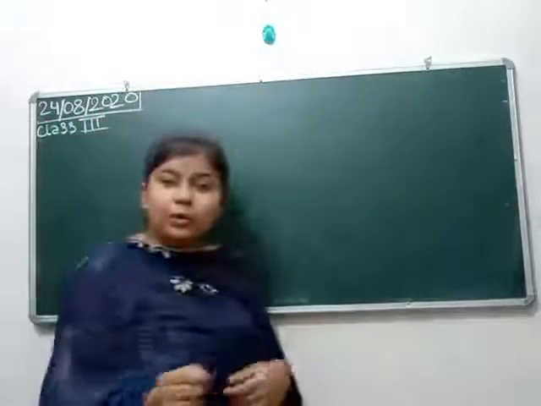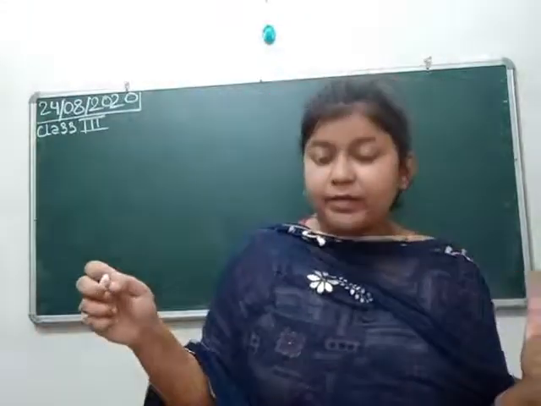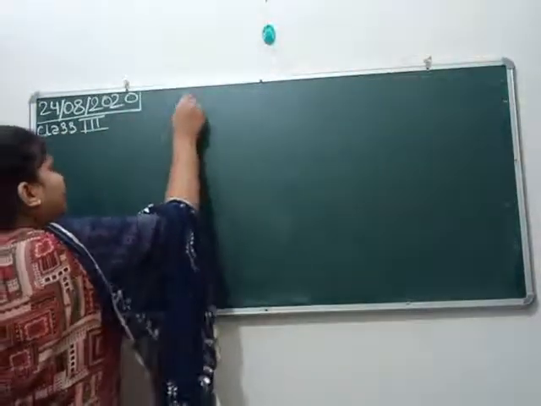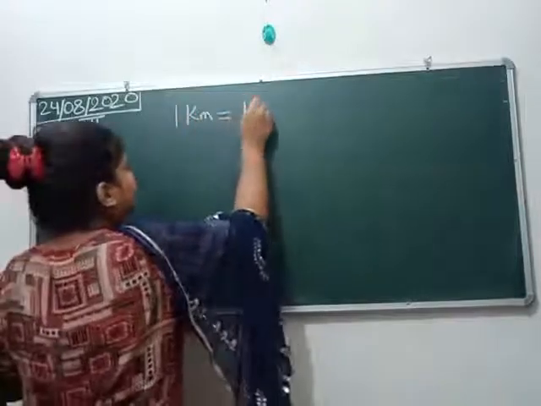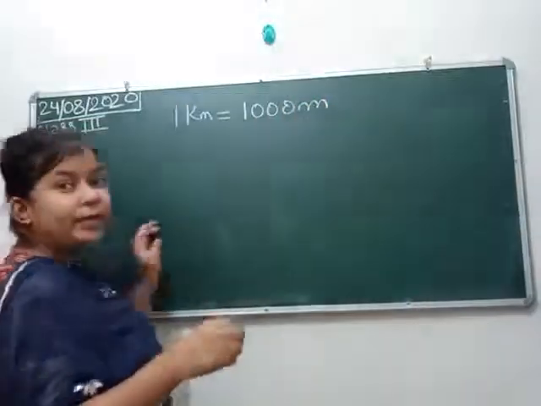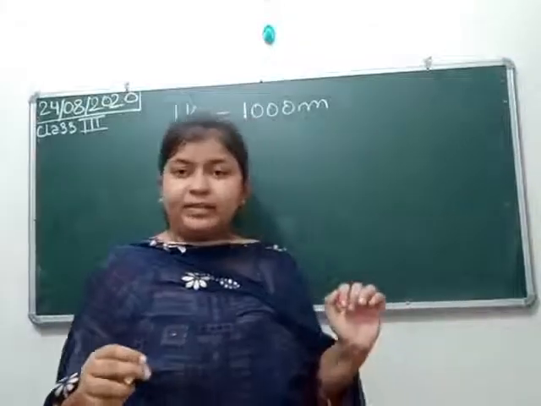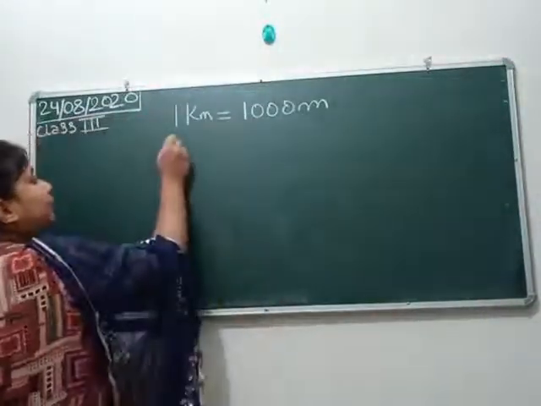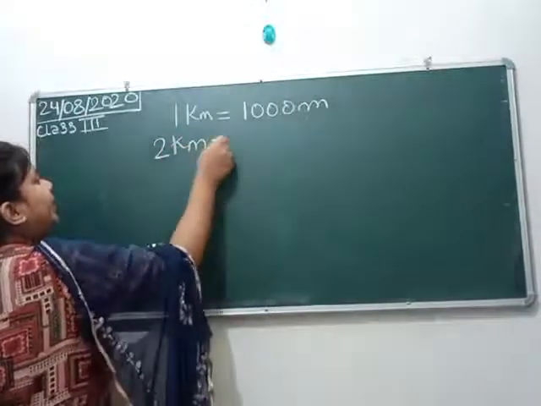Fine. So I have told you that 1 kilometer equals 1000 meter. And we have discussed that if I have to find out how many meters there are in 2 kilometers, then what do I have to do?